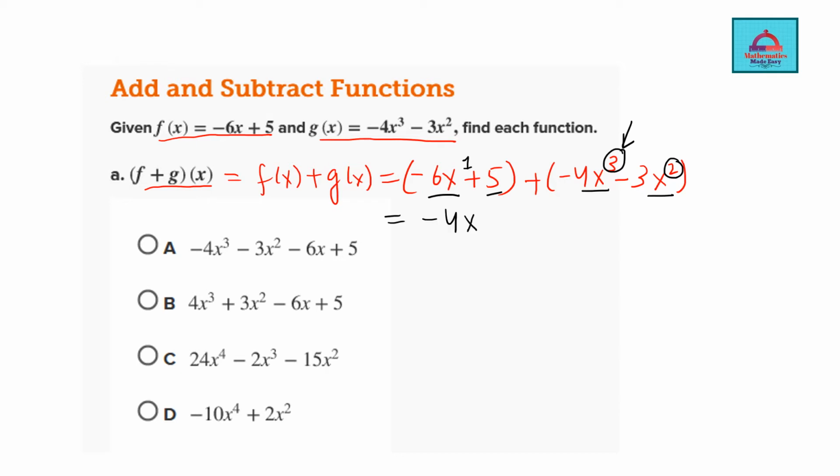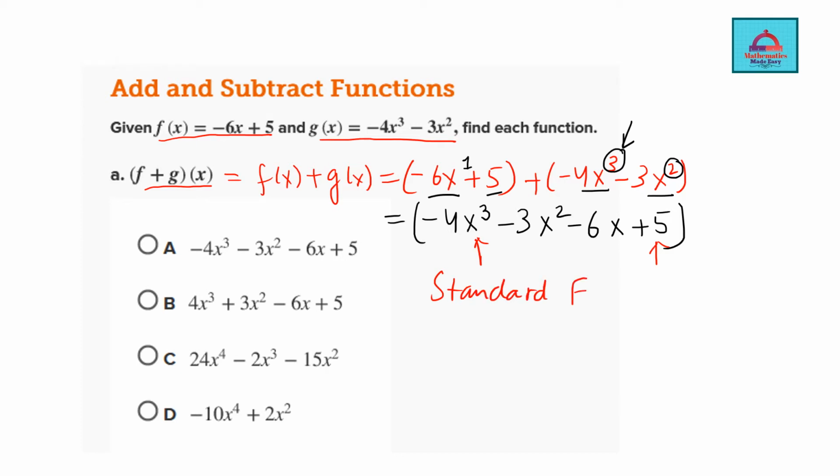So minus 4x cubed will come first, and then you keep on decreasing the power. The next term would be negative 3x squared, the next term would be negative 6x, and the last term would be the number. There was no like term, that's why we could not combine anything. We just rearranged the terms in order from highest to lowest. This is called standard form of a function or of a polynomial.